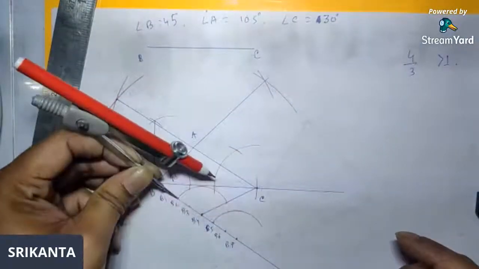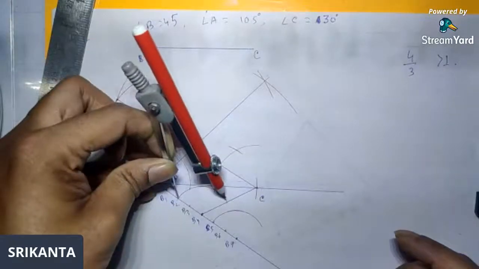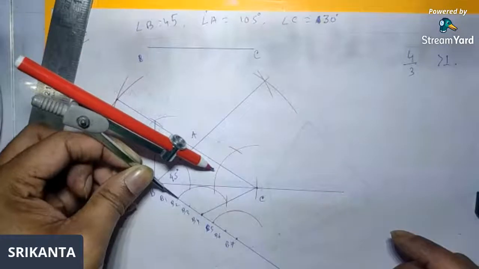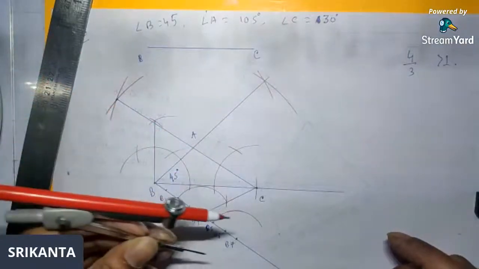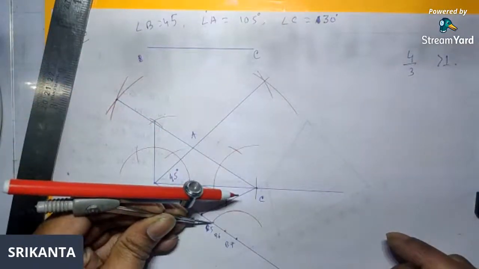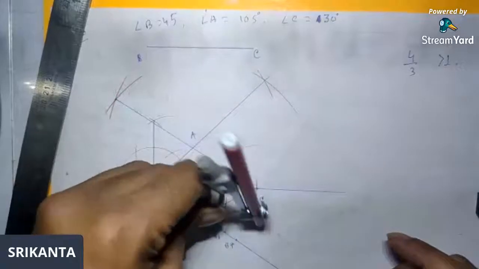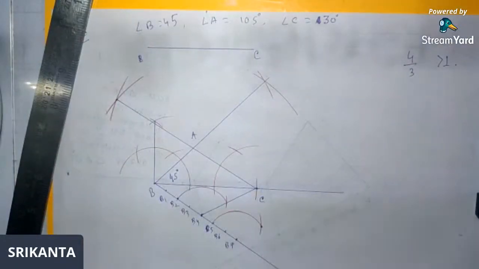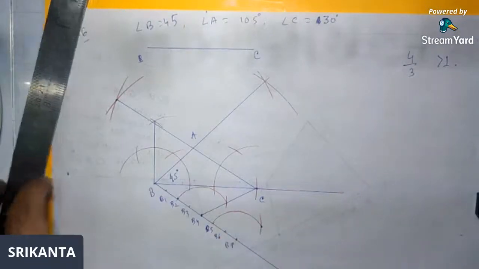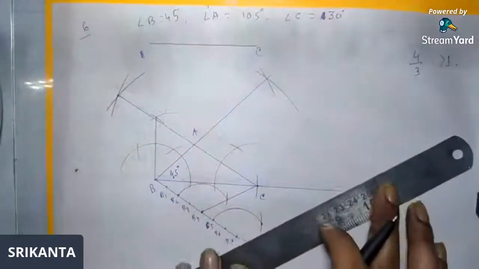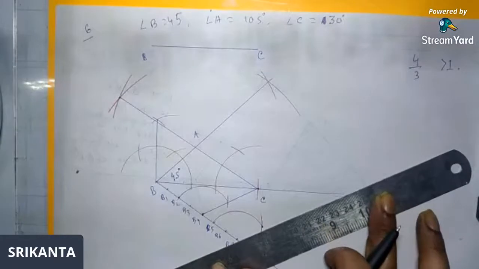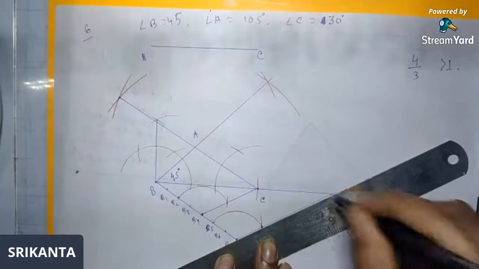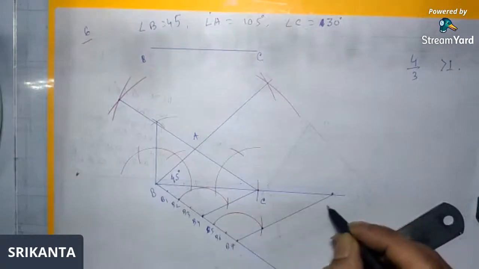Understood? From here, this portion. Measured. Clear? From here, we imitate it. We got our point of intersection. Now join this. Clear? We got our C dash.